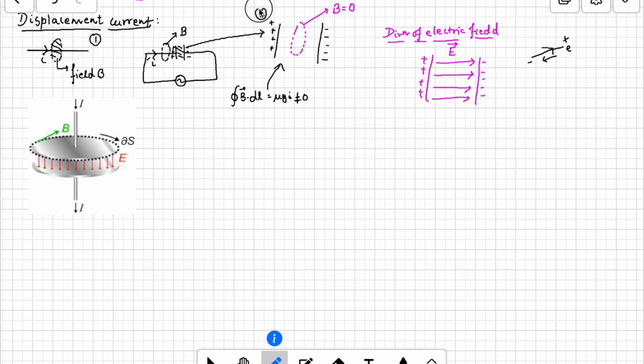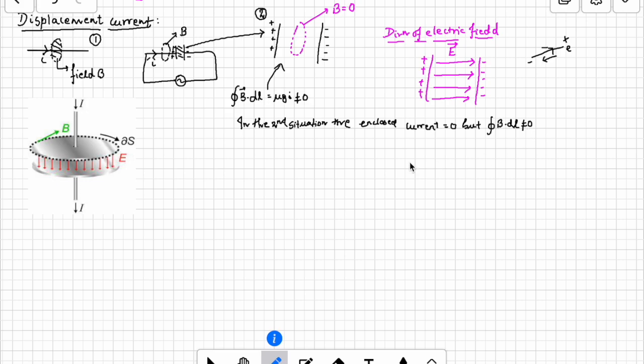If someone asks you to explain displacement current, you can say that in the second situation, the enclosed current is equal to 0, correct? But the integration of B dot dl is not equal to 0. So that means there has to be a certain current.